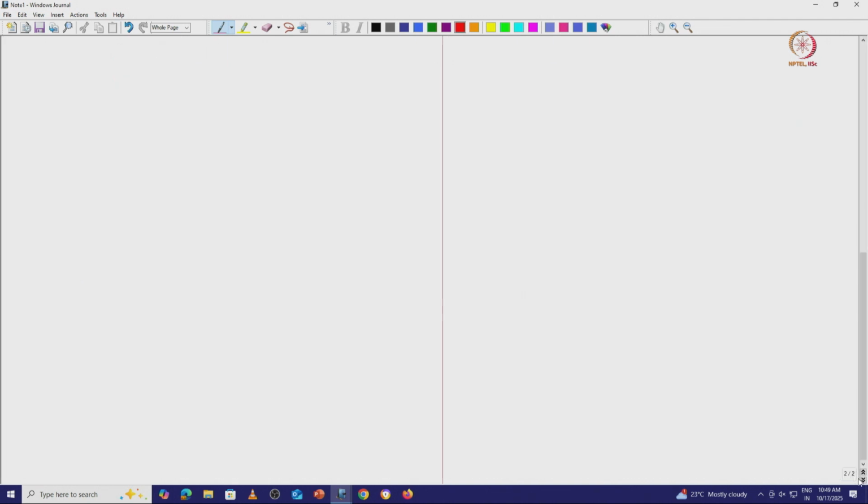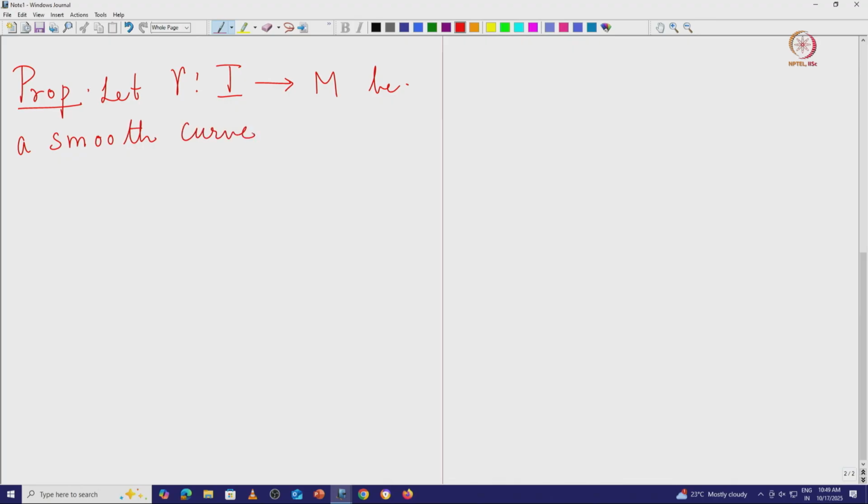Okay, so here's the main proposition that we want to prove in this lecture. So let gamma be a smooth curve.